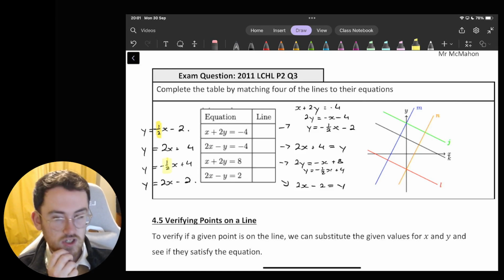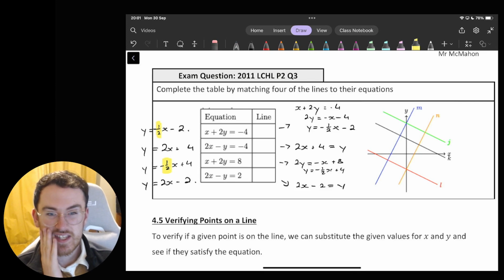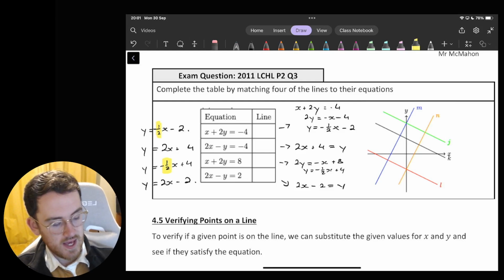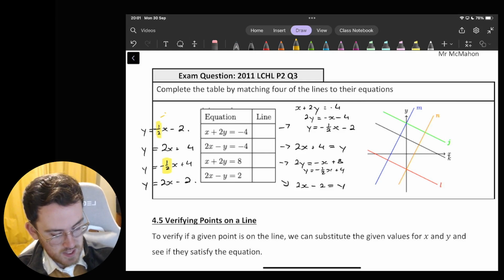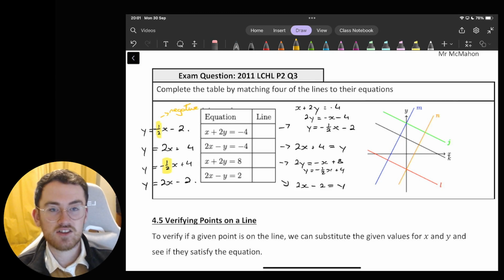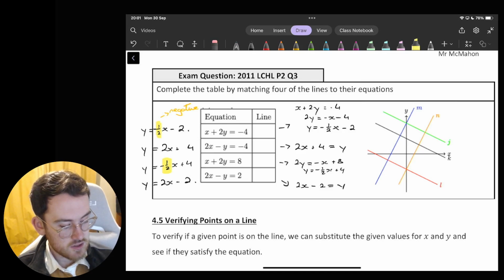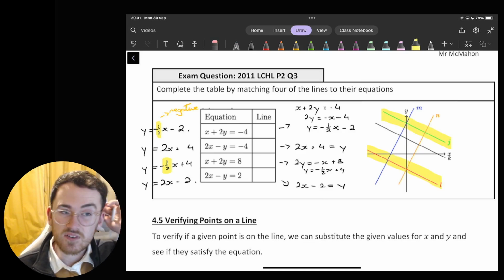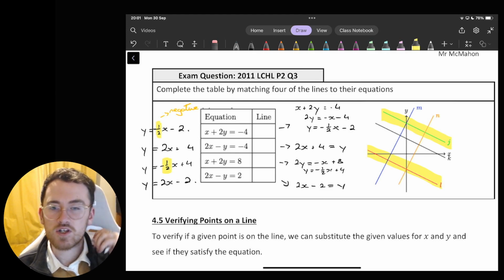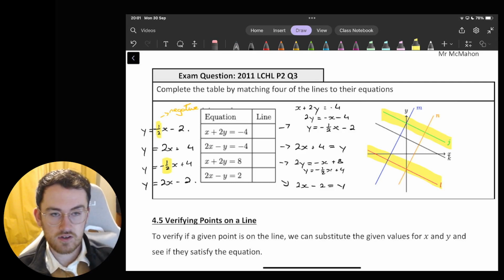So I can see straight away that those 2 lines have the same slopes because the number in front of x is the same for both of them. And even more than just noting that, they're both negative. So as they go from left to right, they're going down. And that's going to correspond with either of these 2 lines, J and L. So I know both of those 2 lines correspond with the first and the third line that I have there.